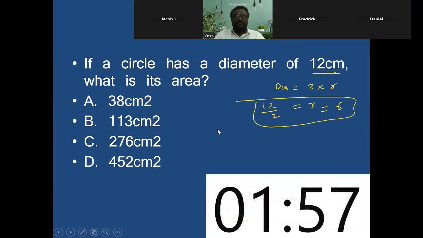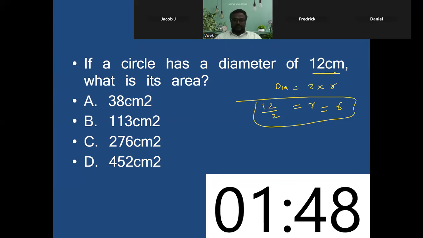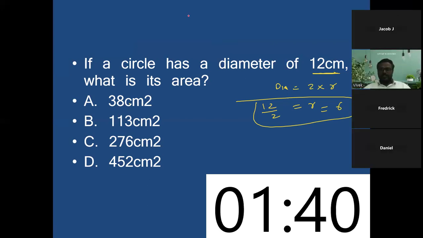Come on, give me the answer now. Do the calculations, give me the answer. I think we already did this calculation for the previous question, but let's do it again.